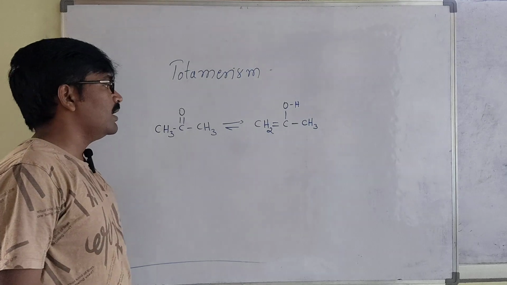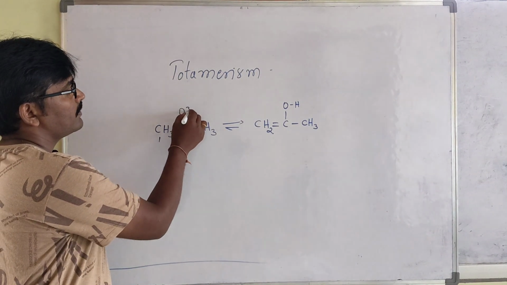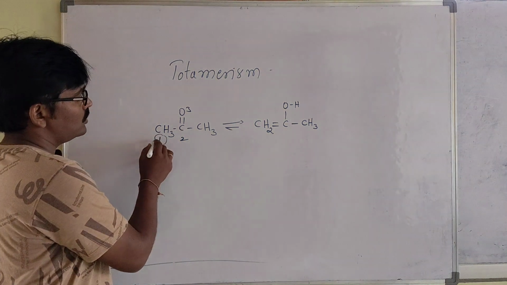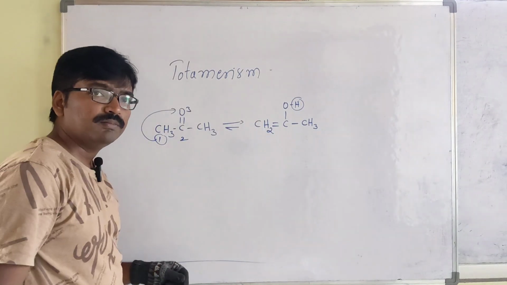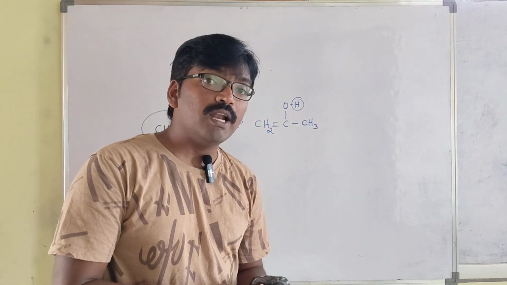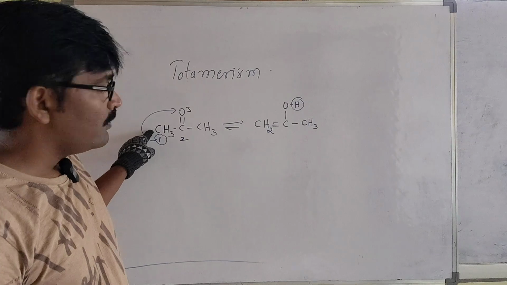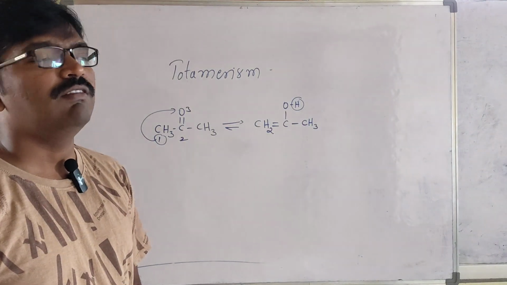Look at positions 1, 2, 3: from the first position to the third position, a hydrogen atom is migrated. The molecular formula is the same, but the hydrogen atom migrates from the carbon atom to the oxygen atom, which are different polyvalent atoms.